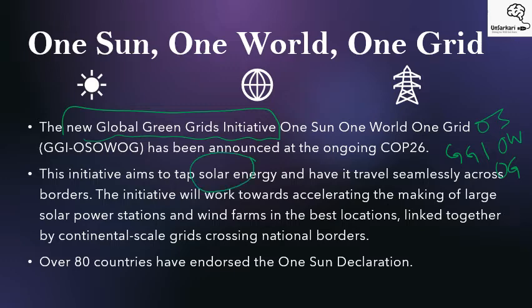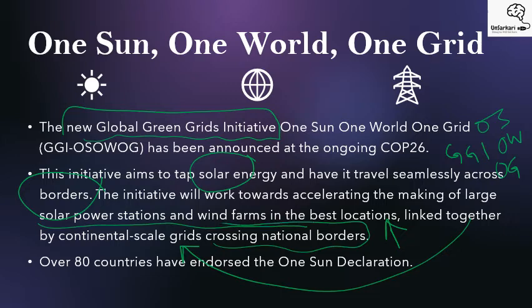Tap solar energy not just within a country but across borders. Large solar power stations and wind farms in the best locations, linked together by continental scale grids crossing national boundaries. The whole world becomes one global village. Over 80 countries have endorsed the One Sun Declaration. A very important and crucial initiative.